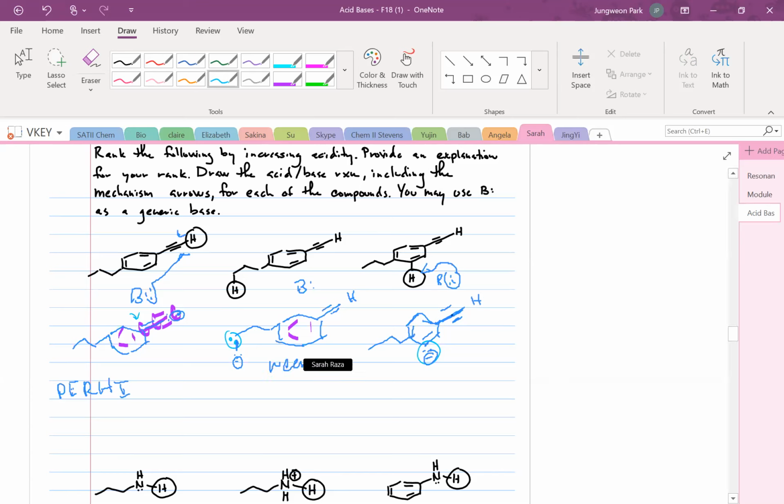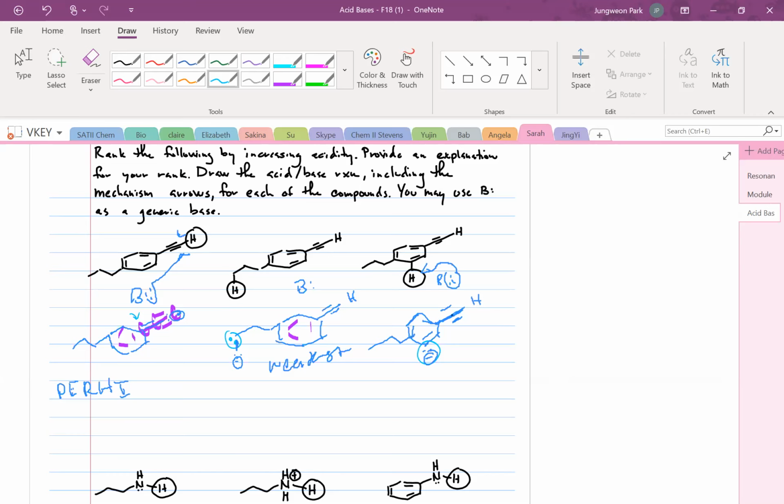And then how do you compare the first and the third one? Since both of them have resonance, look at the resonances, but which one is more accessible? Which one is going to be a stronger base?